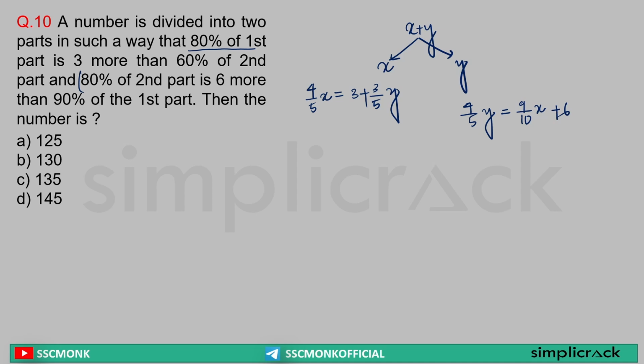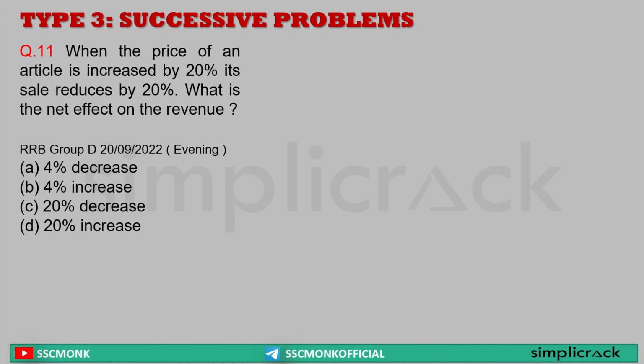Yes or no? Now we just need to solve the question, and from two equations we'll be finding out the number. So now this is homework for all of you. Clear? Next. Type 3, successive problem. Now understand this. If it says something increases, then we'll take plus a percentage.